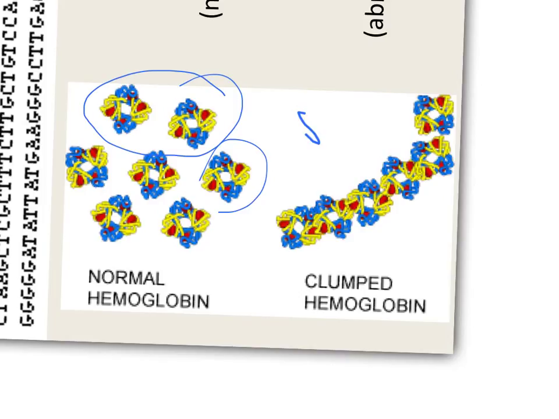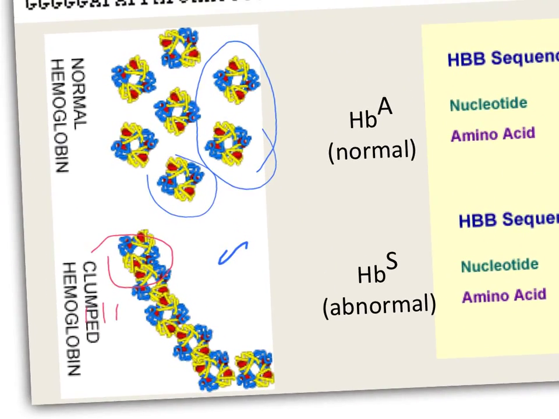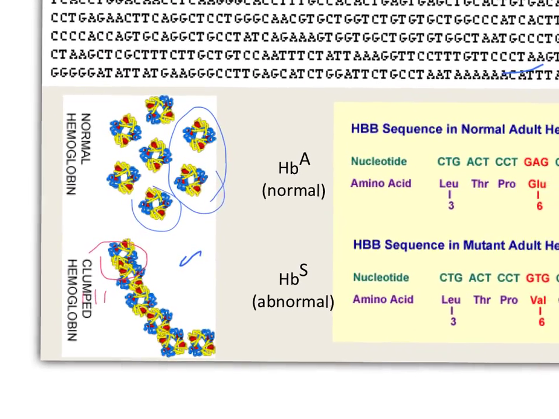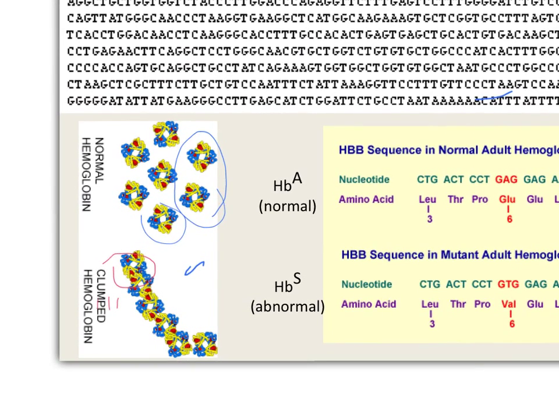And then we have the clumped hemoglobin gene. And this is the one that causes problems. Minus, minus, minus. Okay. And you can see where the problem is.